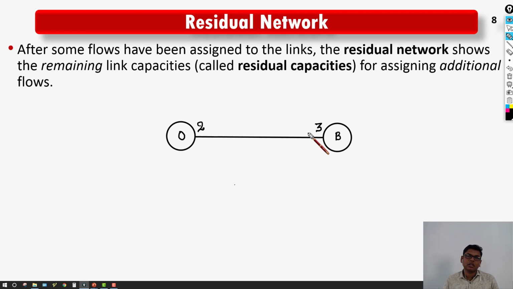Are you getting? From B to O returning, how many can be possible? That is 3. So from O to B 2 more is possible. From B to O 3 more is possible. In the beginning, what was the situation? See here.